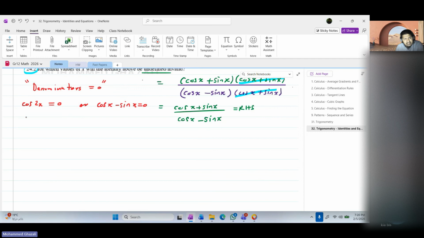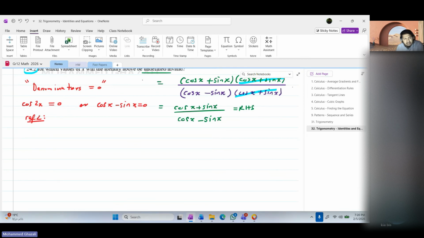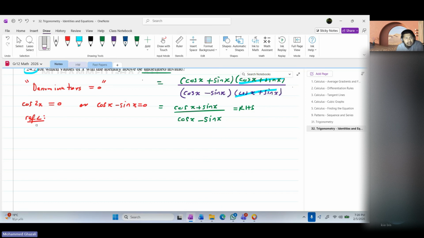So we're going to say a reference angle. When is cos 2x equal to 0? Let's write RA for reference angle. So the reference angle is equal to cos of what is 0? Cos of 90. Reference angle is 90 degrees. Now, where is cos 0?